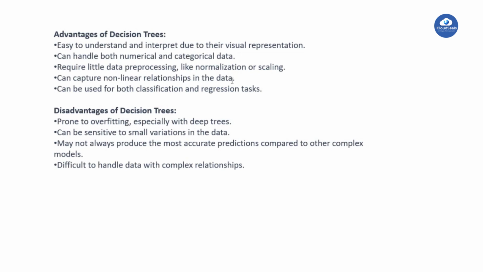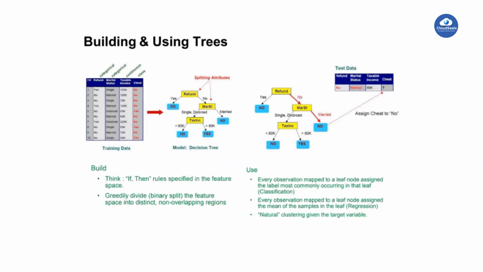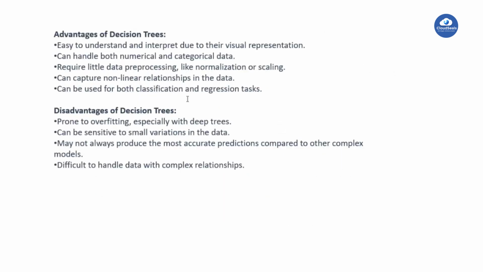If non-linearity is present in the data, linear regression won't be useful. At that point the decision tree will work. How? Instead of doing one split, it will do further splits also. See here, it splits like this. It can be useful for both classification and regression.